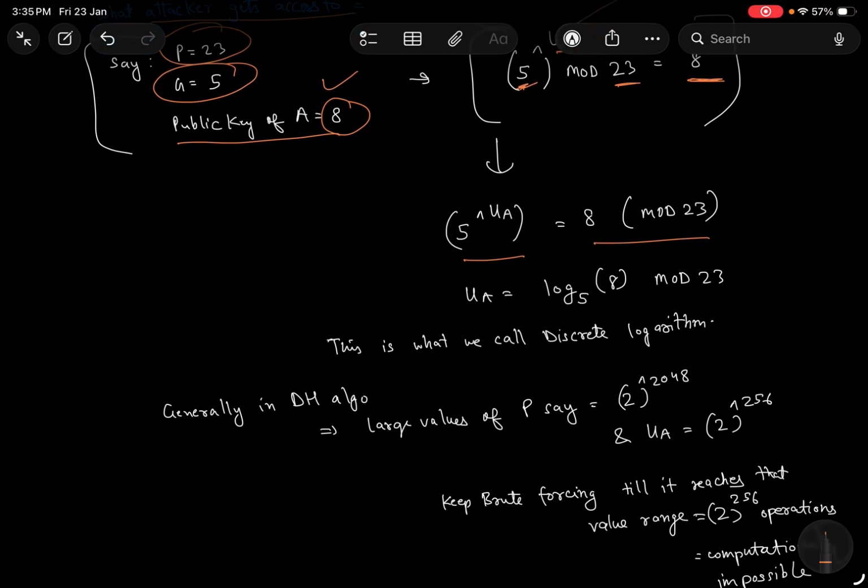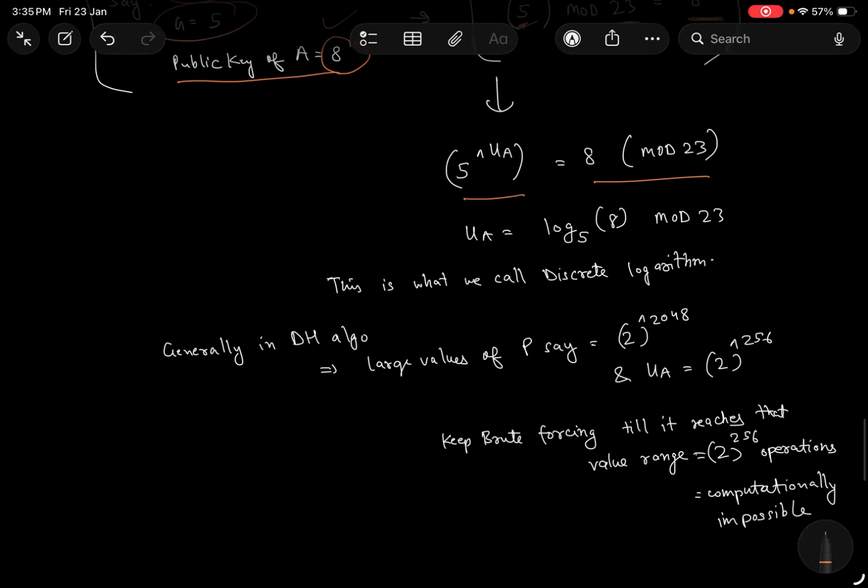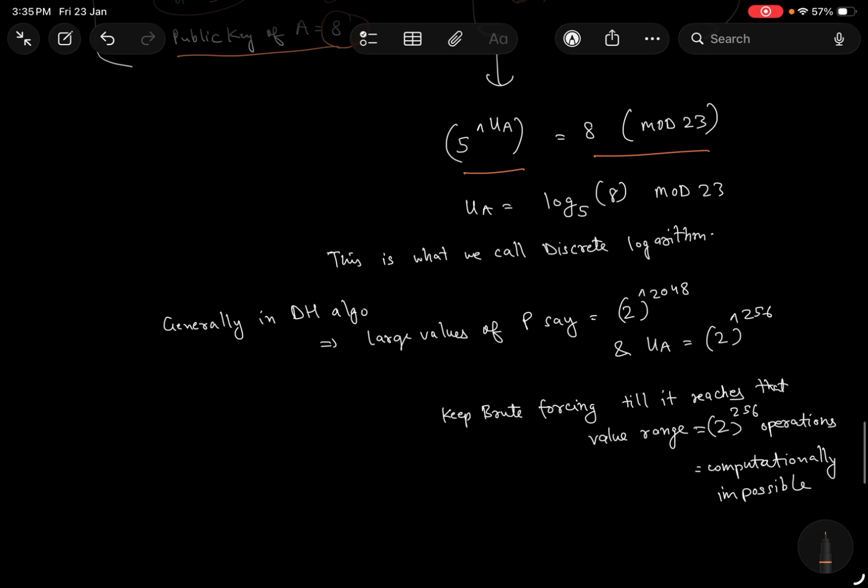Now if you see, this is what we call the discrete logarithm. Generally in the Diffie-Hellman algorithm, as we keep increasing the value of p, this becomes computationally impossible to guess.